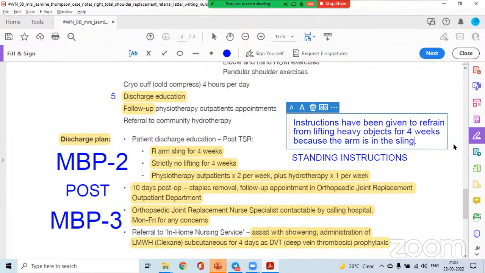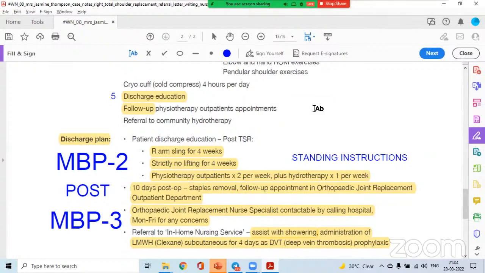However you want to write, modify that one and write. Okay. So right arm sling has to be used for 4 weeks. During the period, lifting heavy objects should be avoided. Write different types, however you want to write. Okay, so that is up to you.